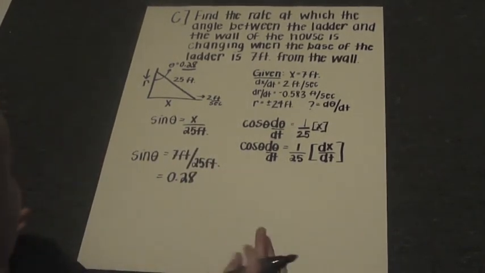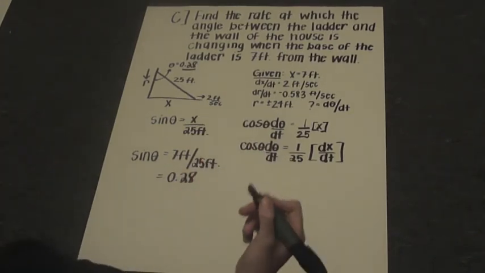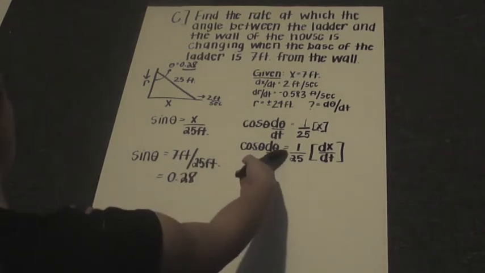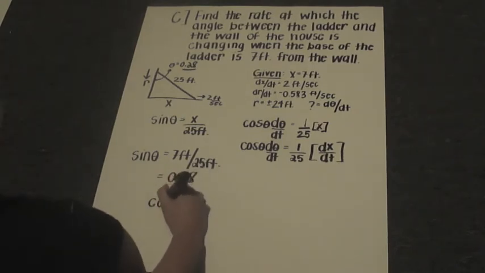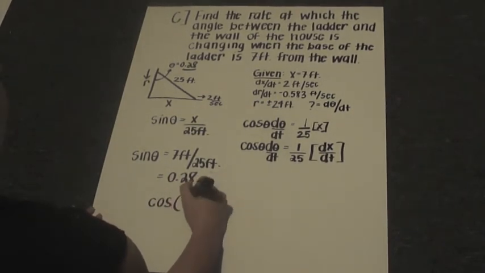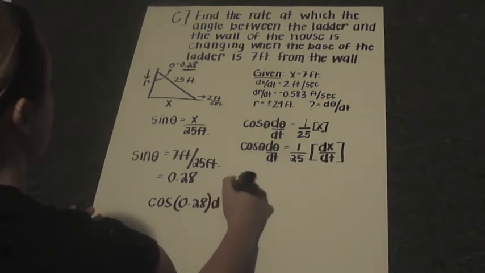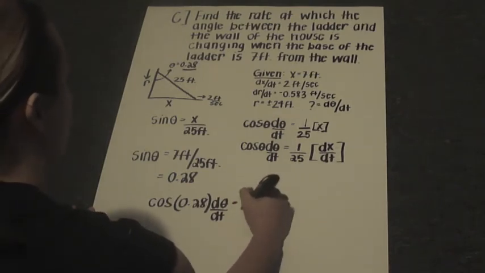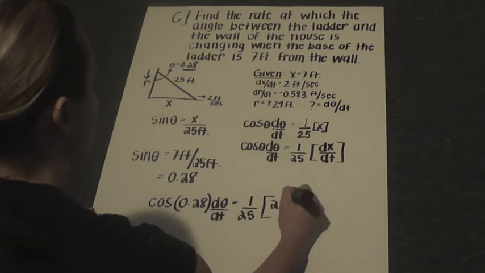So now we're ready to substitute and figure out d theta/dt when the ladder is 7 feet from the wall. So we're just going to substitute into our derivative. We have cosine of theta, which we figured out was 0.28, d theta/dt, which is what we're going to solve for, so we're going to keep that a variable, 1 over 25, which is our constant multiplier, and we know dx/dt is 2 feet per second.